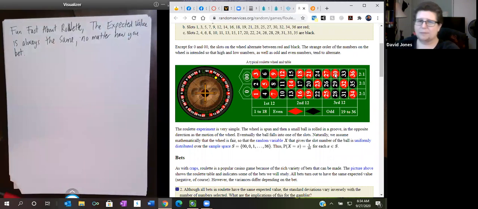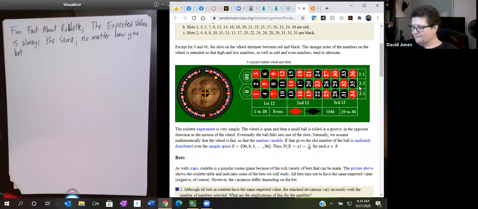The way they do the payouts, if you bet on odd, you bet on even, you bet on red, you bet on black, you bet on the first 18, you bet on the second 18, it's all 1-to-1. If you bet on one of the rows where it's 12 numbers like that, it's 2-to-1.